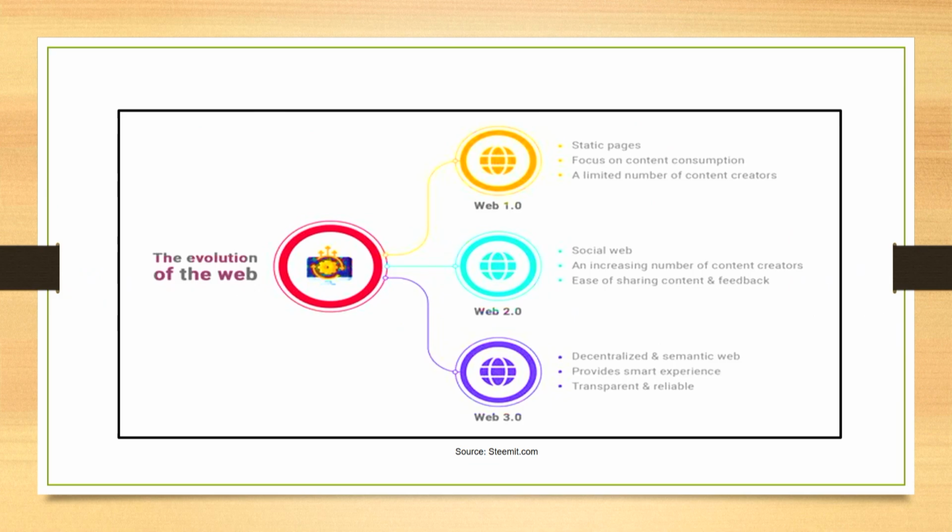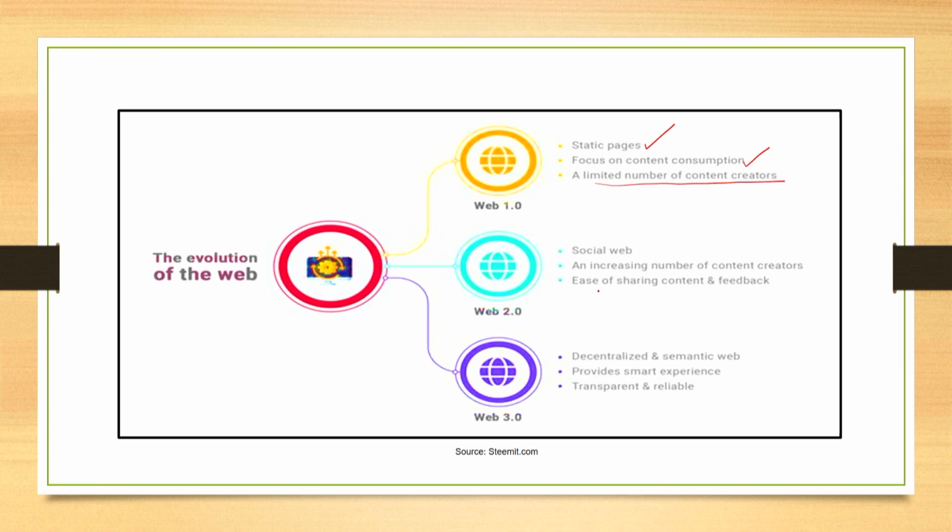So, this is all about Web 1.0, 2.0 and 3.0. Web 1.0 focuses on static pages only and on content consumption, and because of that there is a limited number of content creators.